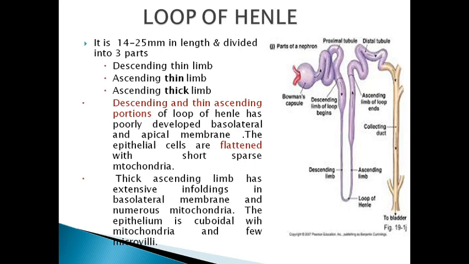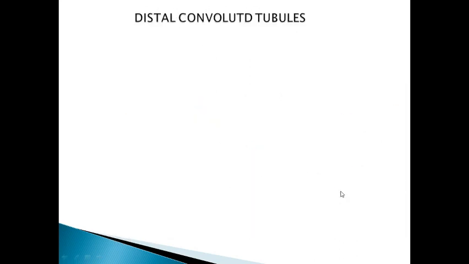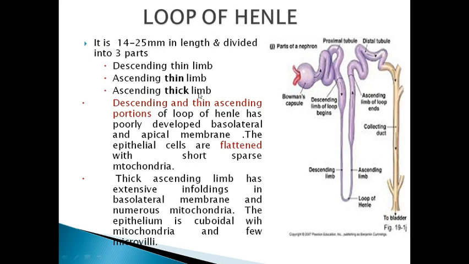Right, so that means loop of Henle is divided into three parts: the descending thin limb, ascending thin limb, and ascending thick limb. Functionally, the descending thin limb and the thin ascending limb have got similar type of characteristics.